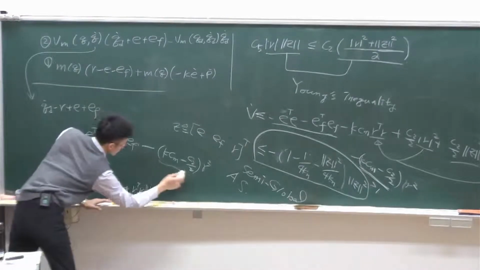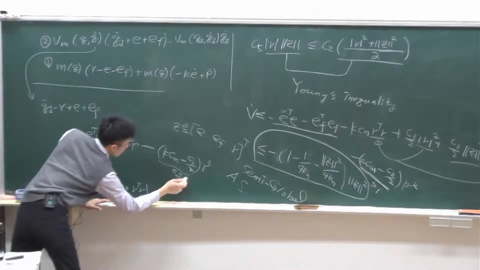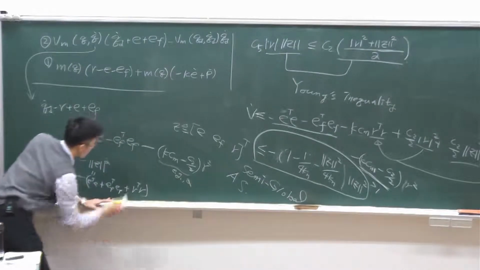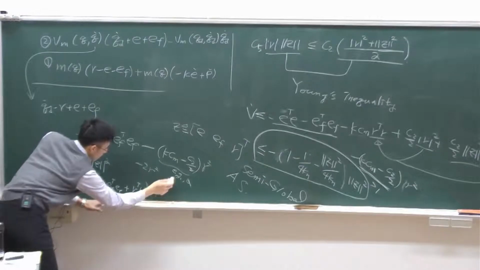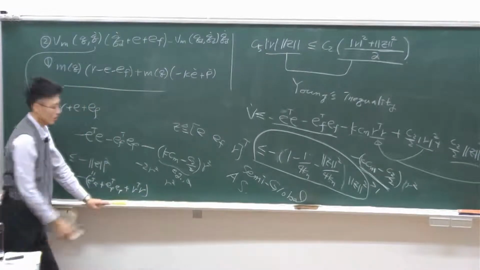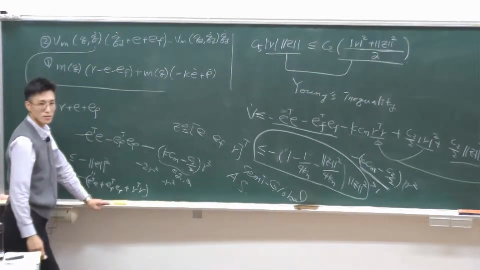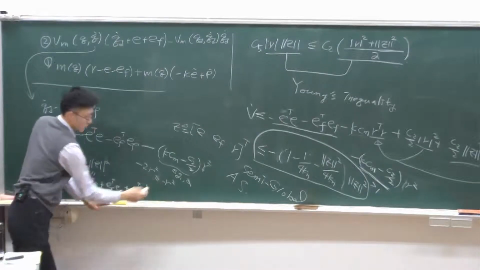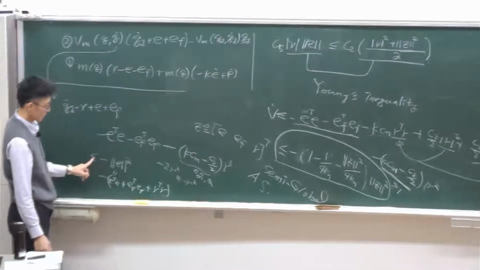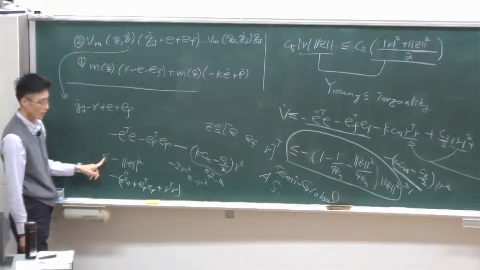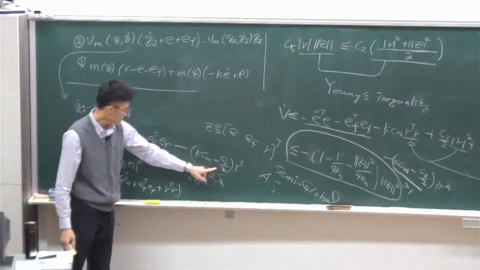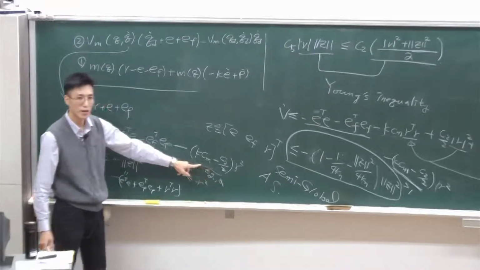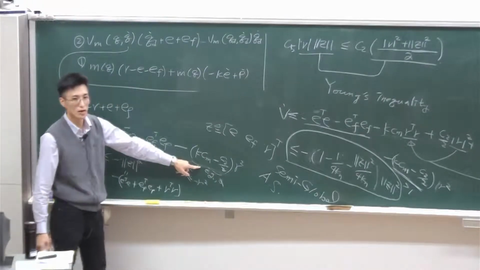If this is 2, for example, so minus 2 R squared and R squared, which one is larger? This one is larger, right? And we want to do the upper bound, okay? So this one has to be greater than 1, at least, right?